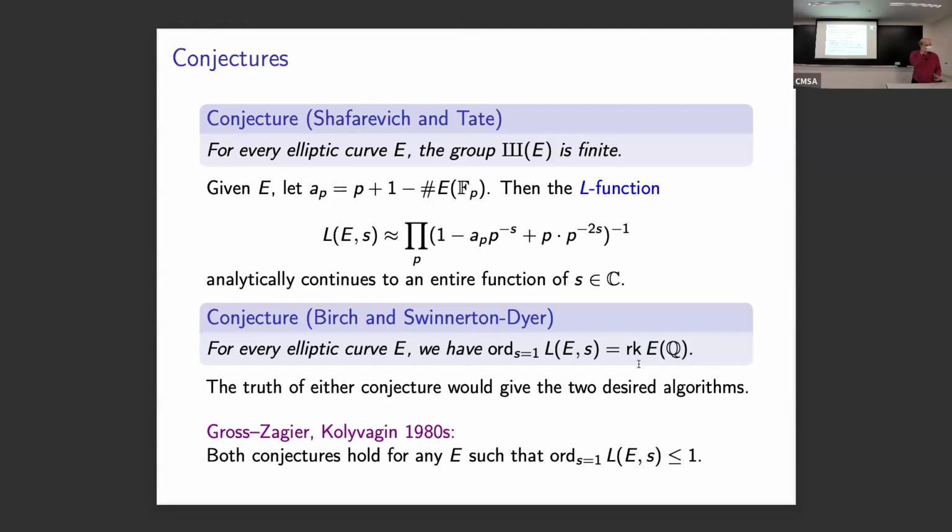And then on the other hand, by night you can compute this function numerically, and you can compute its higher derivatives numerically. For example, if you suspect that the rank is 4, you can try to compute the 4th derivative of this function at 1. And if you can compute accurately enough to know that the 4th derivative of this function at 1 is not 0, that tells you that the order of vanishing of the function is at most 4.